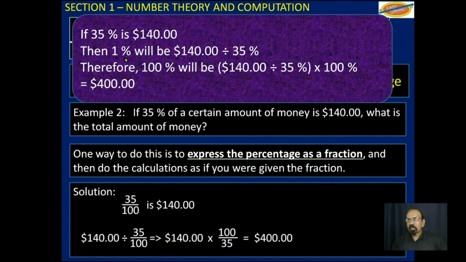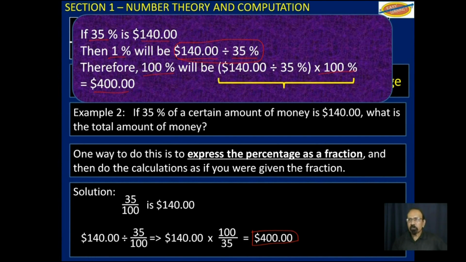So consider, if 35% is $140, then 1% will be $140 divided by 35. Therefore, 100% will be this amount that you did here for 1, multiplied by 100, which gives us back the same 400 that we had down here using the fractional method.